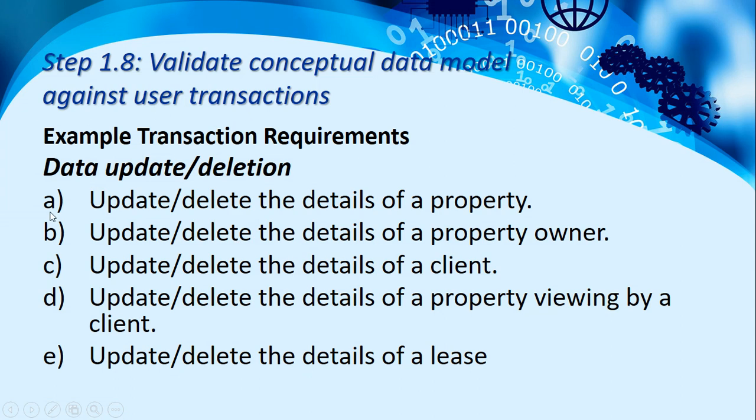Same also with the other items here: update and delete the details of the property owner. So there should be a property owner table in your database. There should also be a property table in your database so the user can update and delete. Because if there isn't, what would they update or delete, right?